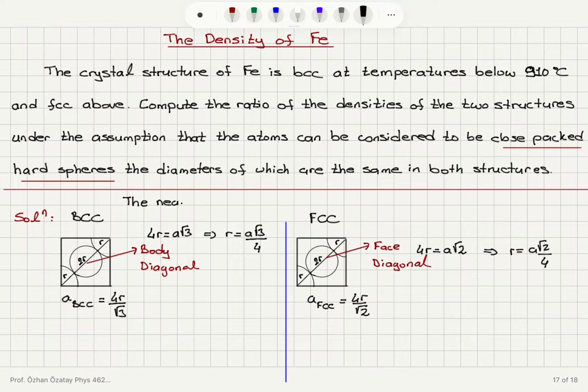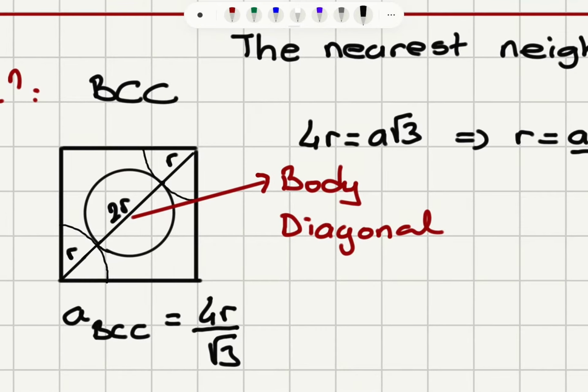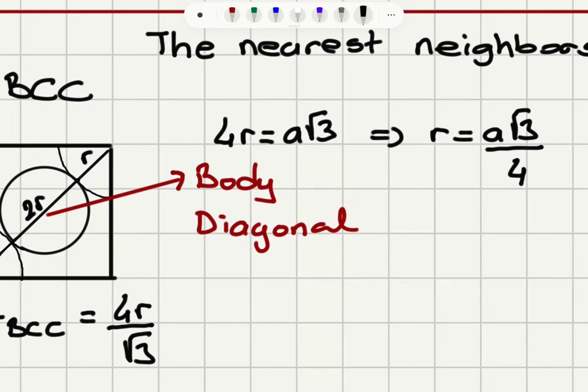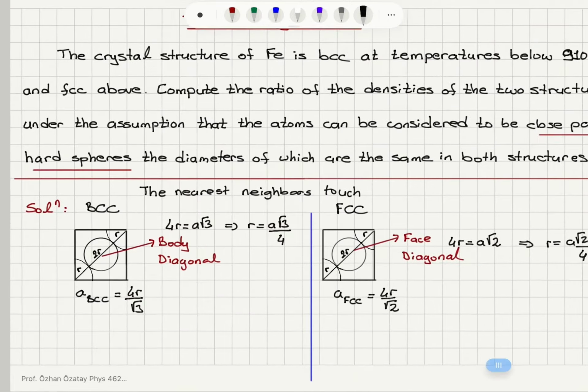So we see that 4r is a√3, therefore r, the radius of one of the atoms, should be a√3 over 4 in that case.